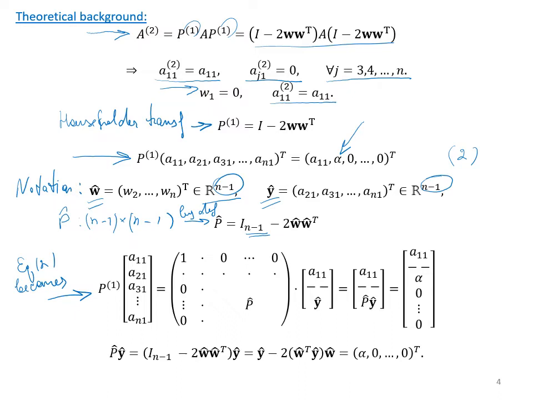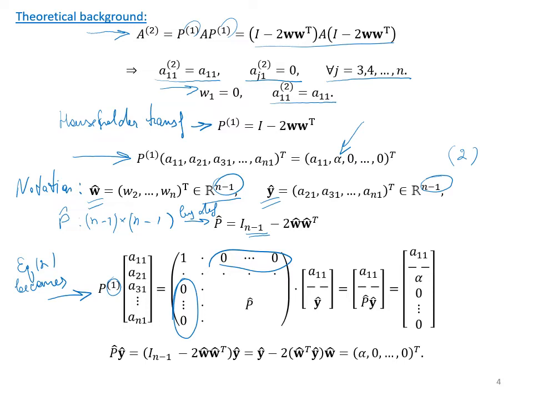Here we have our first Householder transformation, multiplied by entries from the first column of matrix A, and we will get zeros here and here, in the first column and first row.